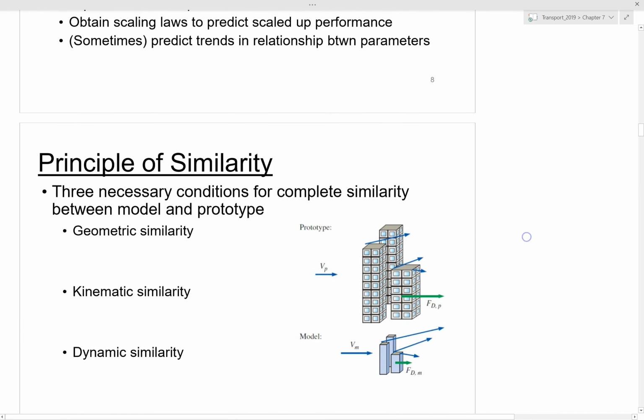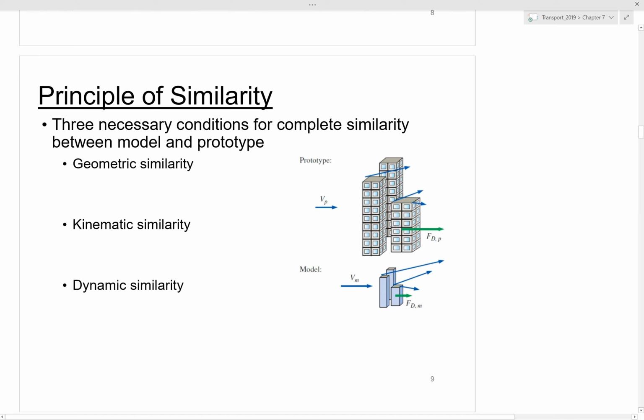So while scaling up, there are three different principles we should follow. Really three necessary conditions for complete similarity between model and prototype. So first is the geometric similarity between your prototype and the system which you want to scale. By geometric similarity, you mean that you have the same shape, you are scaling by a constant.